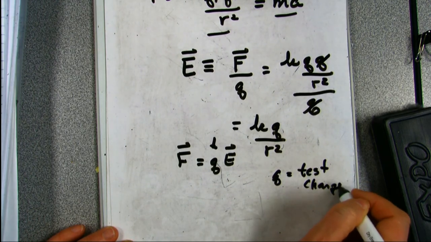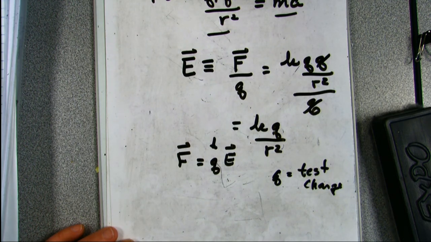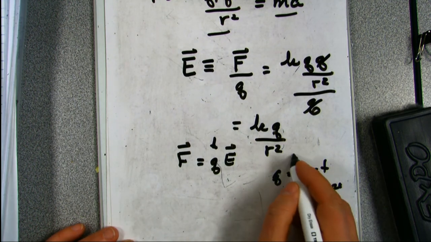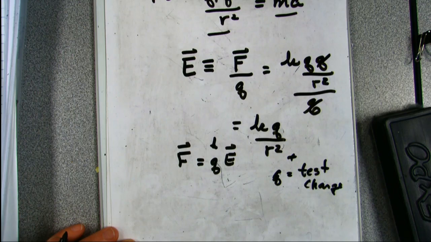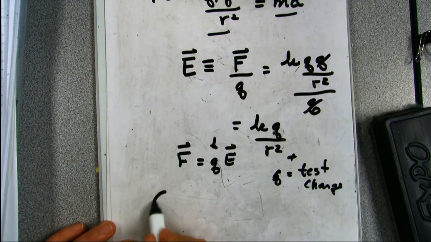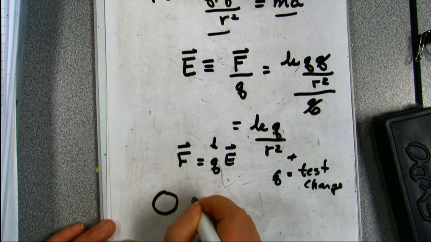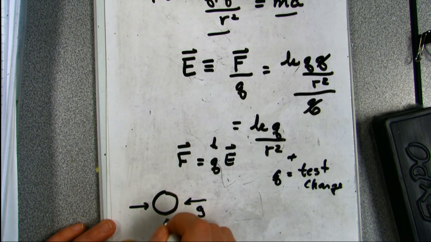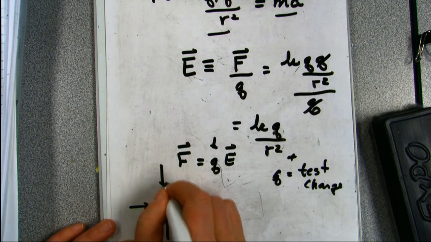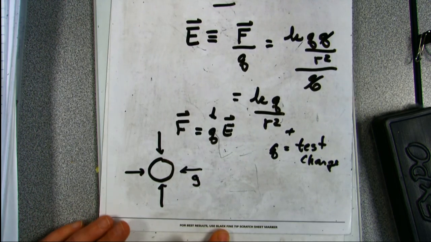And this is where we get to thank Ben Franklin for it. We're going to assume that the test charge is positive. It's like, give me a freaking break. Right? So gravitational force, if I'm doing this as g, we know that g goes like this, right? Around the Earth, it's always going to point towards the center. It's a field force.